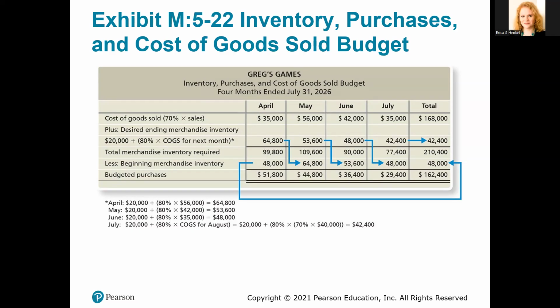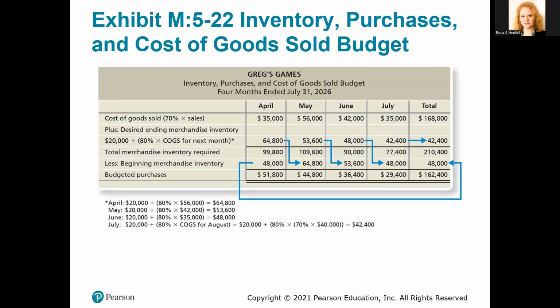And they're adding in their desired ending merchandise inventory to figure out the total merchandise inventory that was required during the period. The desired ending inventory in this case is $20,000 plus 80% of the following month's cost of goods sold, to make sure that they have adequate ending merchandise inventory for this merchandiser.